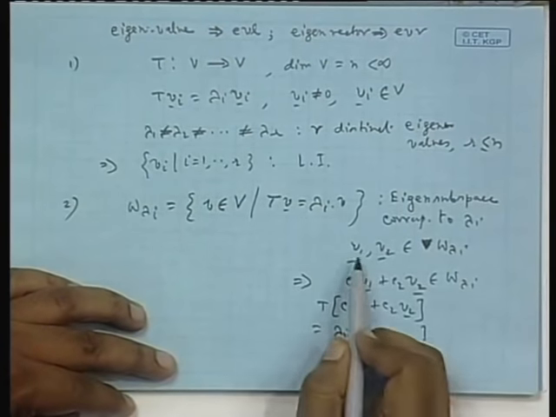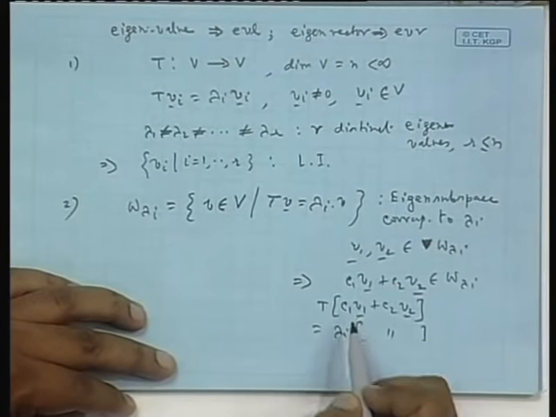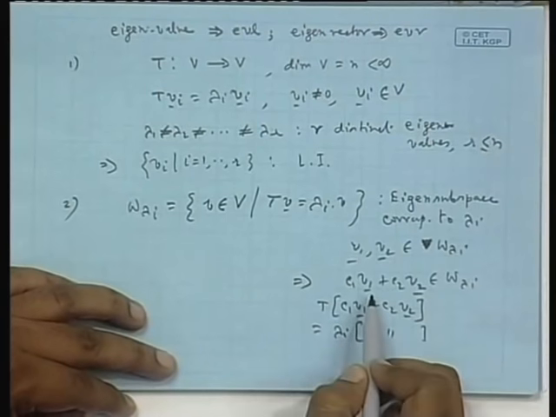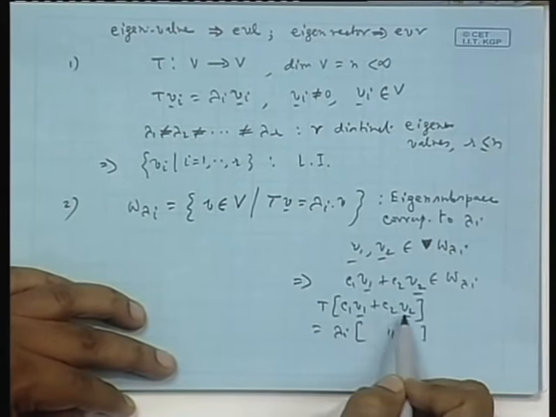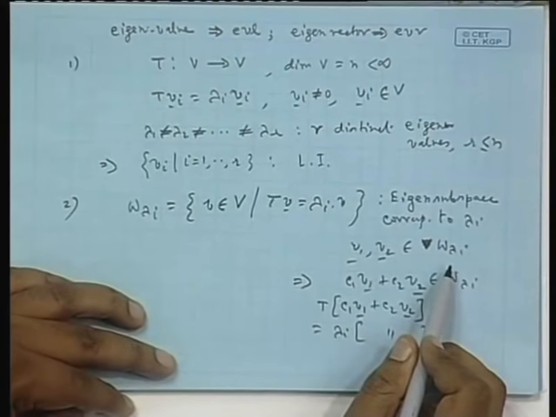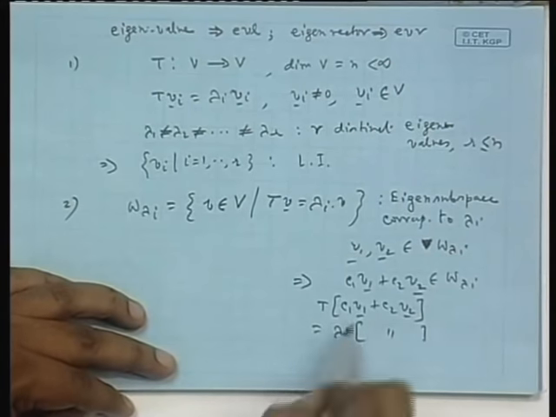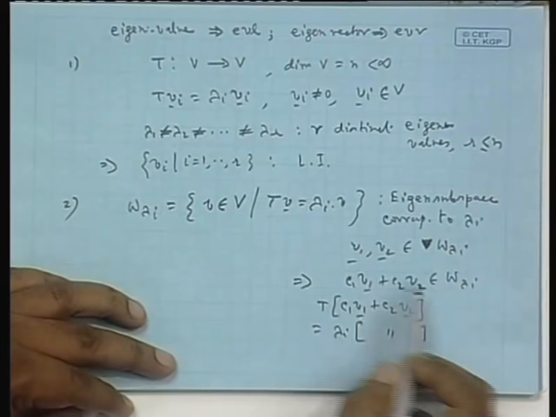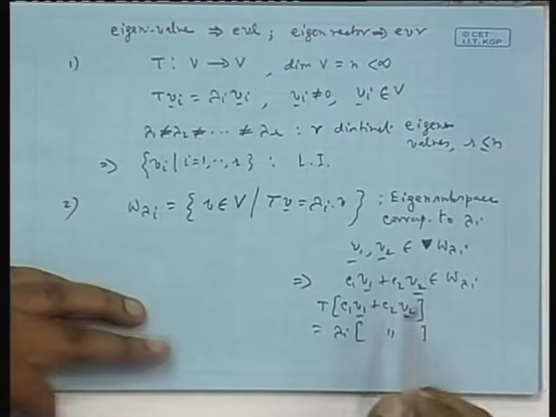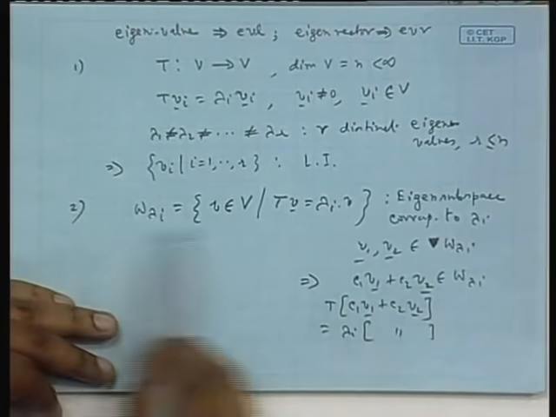That means, if V 1 and V 2 belong to W lambda i, then C 1 V 1 plus C 2 V 2 also belongs to W lambda i, because T working on that gives you the same vector itself, just multiplied by the same eigenvalue lambda i. So any linear combination of them also is a member of W lambda i, which shows that this is an eigen subspace.